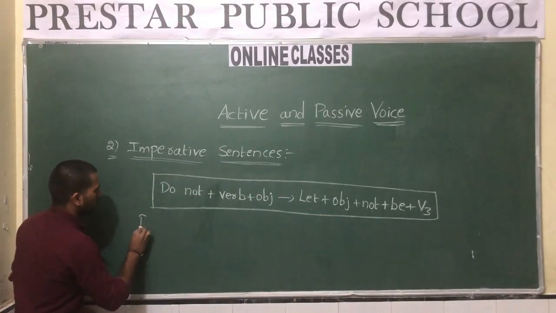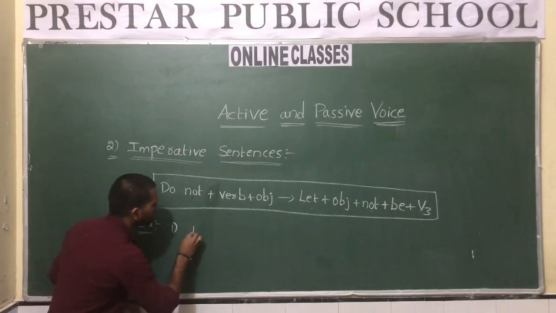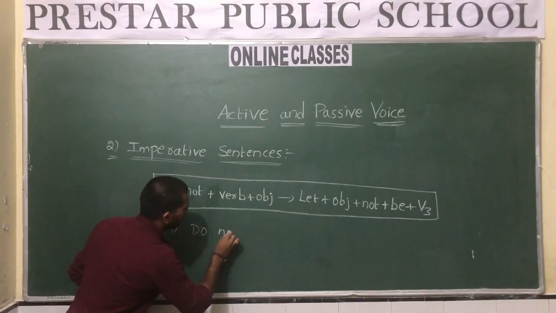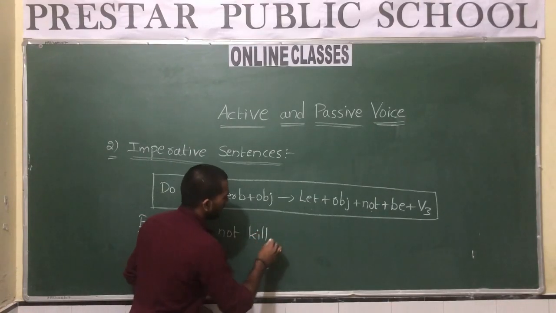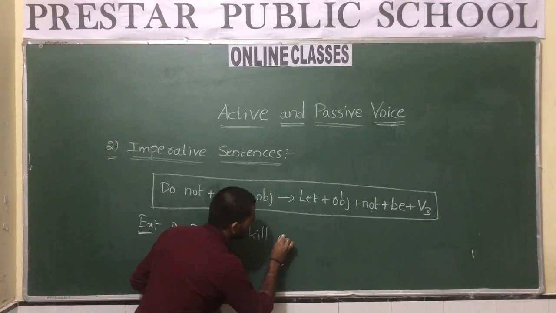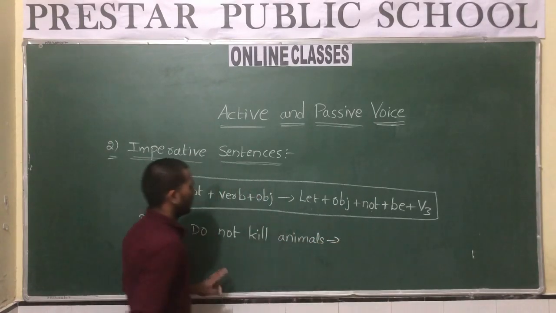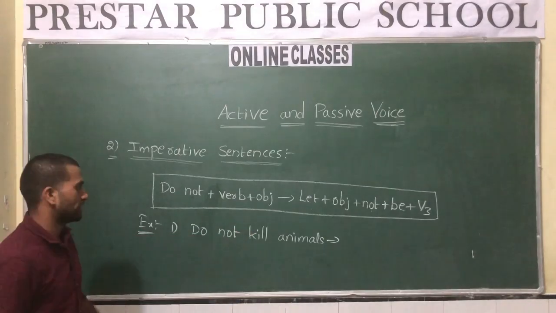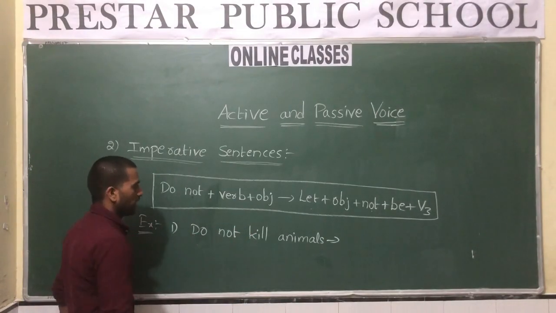Let us take one example. Do not kill animals. This is an imperative sentence which starts with do not.